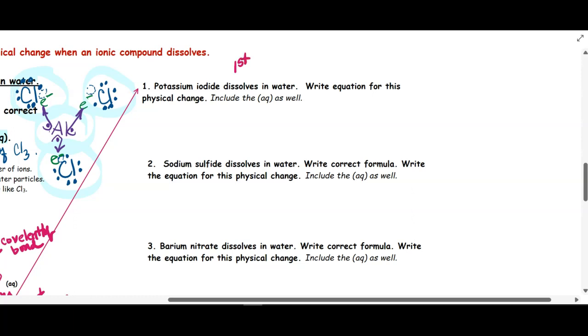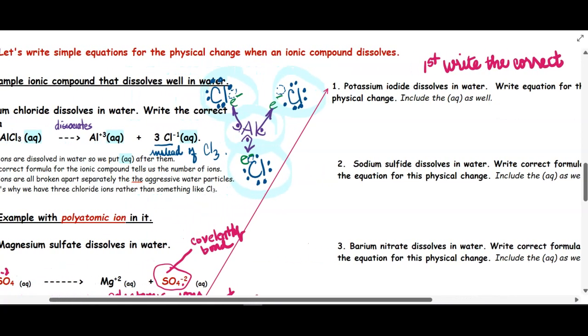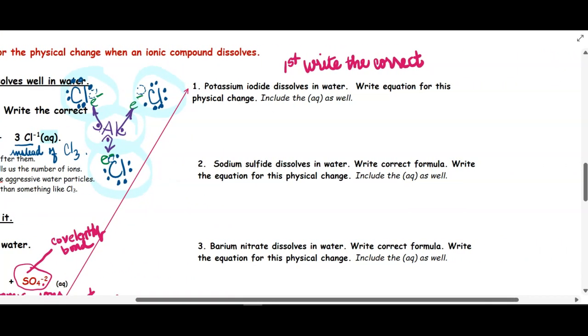First, write the correct formula for potassium iodide. All right, and follow the example exactly as I did. It's just that instead of doing aluminum chloride, you're doing potassium iodide, but follow the same theme.